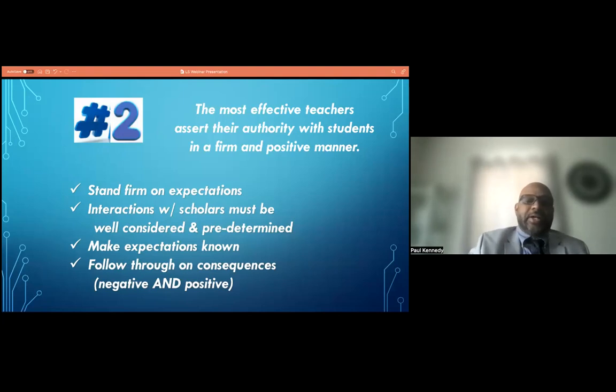Let's just say that's your consequence for this scholar performing this behavior. The scholar performed the behavior one more time. Well, at that point, you now can't say, oh, okay, I forgive you. No, you have to give expectations. You have to provide the reasons for it, and you have to follow through.